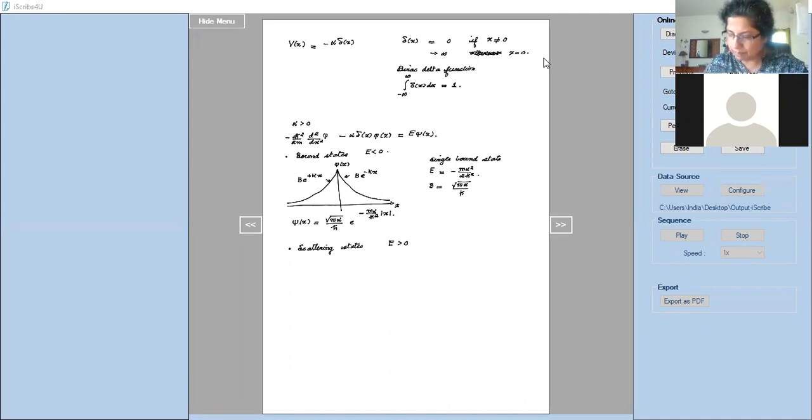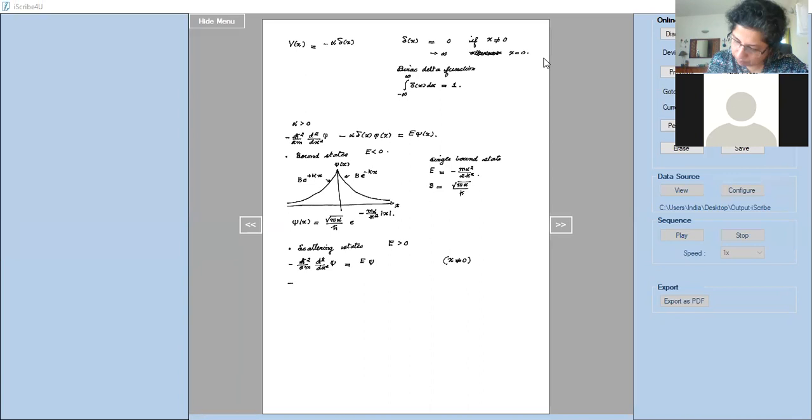So the argument is something like this. You now have minus h cross square by 2m d square by dx square psi. For any region where x is not equal to 0, your potential of course goes to 0, and so you have just E psi of x on the other side.